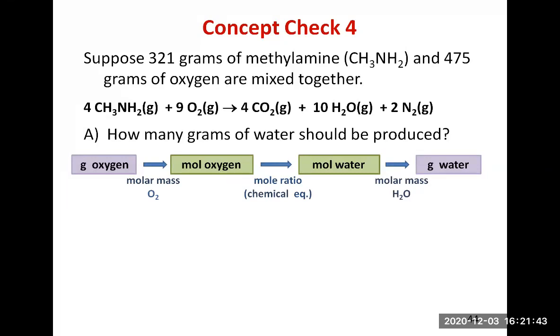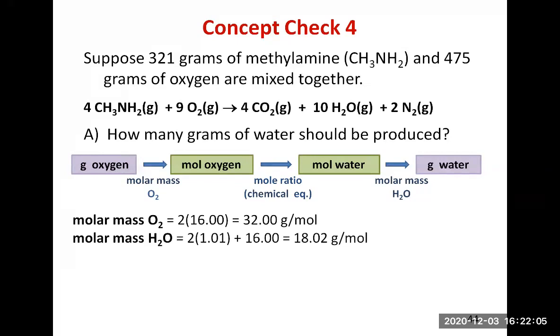So let's gather all this information first. Molar mass of oxygen. Oxygen is made of 2 atoms of oxygen. So you do 2 times 16 grams of oxygen per mole of oxygen. And that's 32.00 grams of oxygen per mole of oxygen.